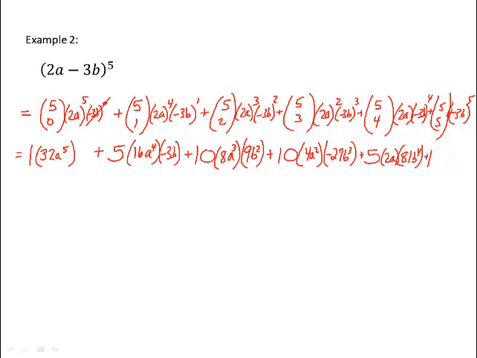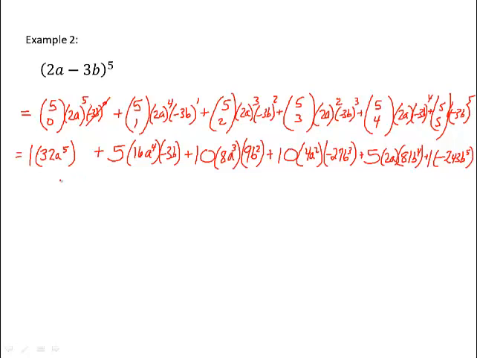I'm just going to use my calculator to make sure that I am doing that correctly. 3 to the 5th power is 243, but it's negative. Oops, so we want negative. Here we go, negative 243b to the 5th. Okay.